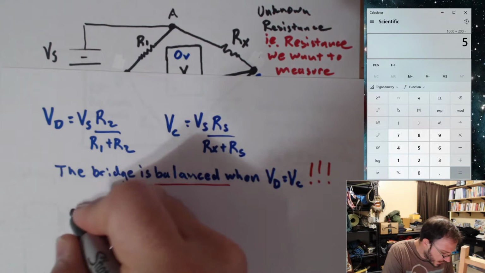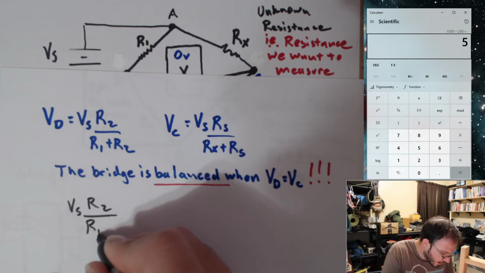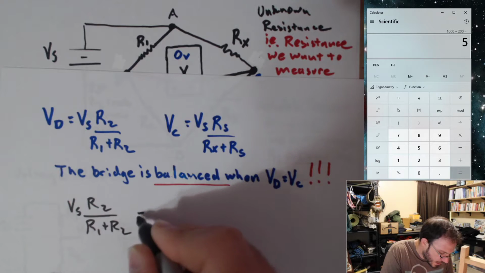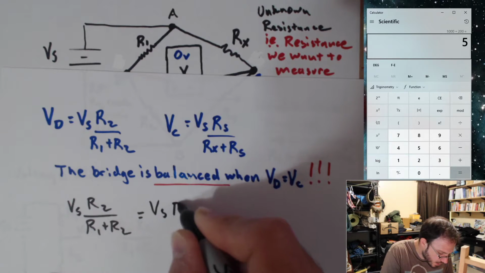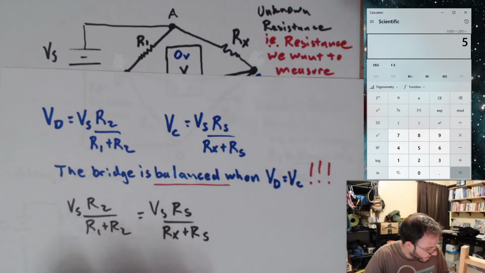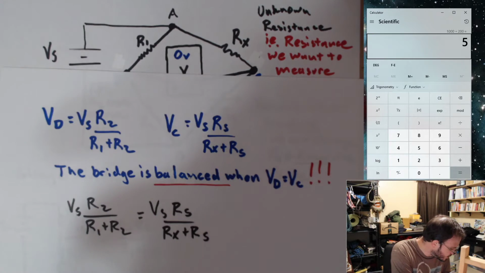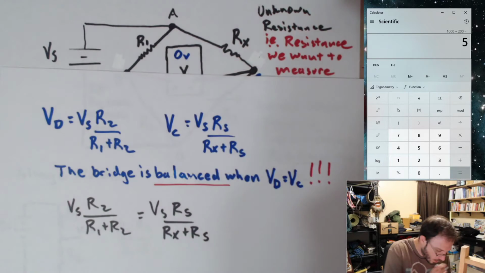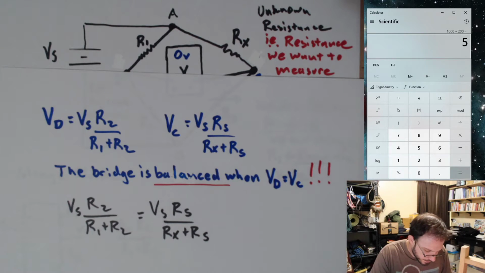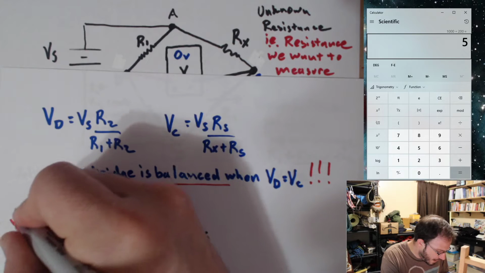So now we're going to take V sub S times R2 divided by R1 plus R2 and set it equal to V sub S RS divided by RX plus RS. Now, this situation is when balanced.